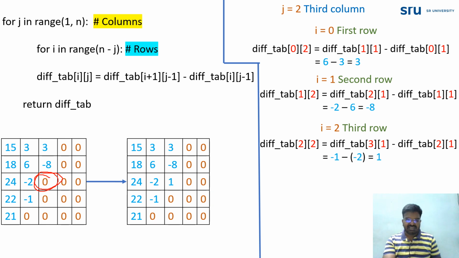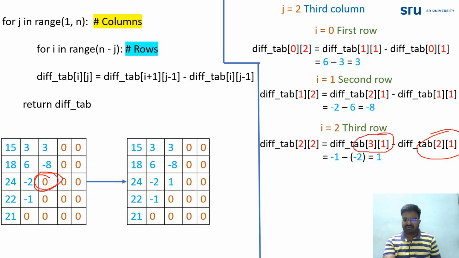Minus 1 means it is the fourth row, second column. Fourth row, second column means what is the index? 3, 1. You can observe the same thing here: 3, 1 minus minus 2. Minus 2 means it is the third row, second column, which means 2, 1. You can observe that index 2, 1.